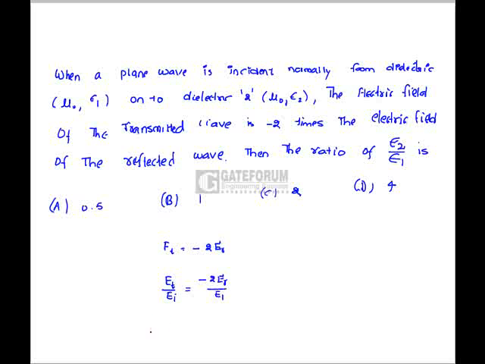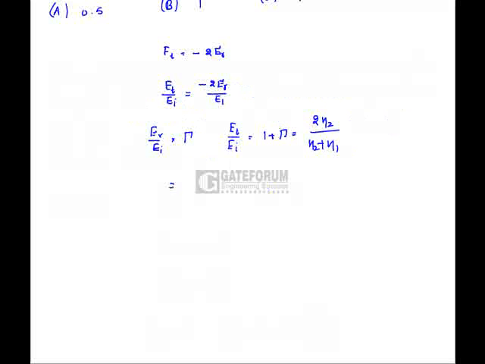We know that ER by EI is the reflection coefficient gamma, whereas ET by EI is the transmission coefficient, 1 plus gamma, which is 2 eta 2 by eta 2 plus eta 1, whereas ER by EI is eta 2 minus eta 1 by eta 2 plus eta 1.